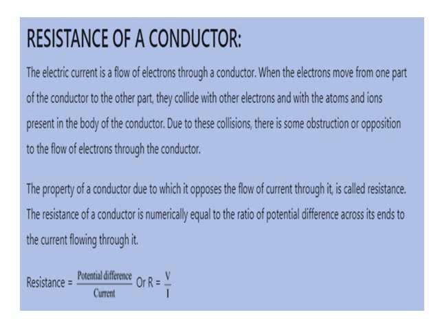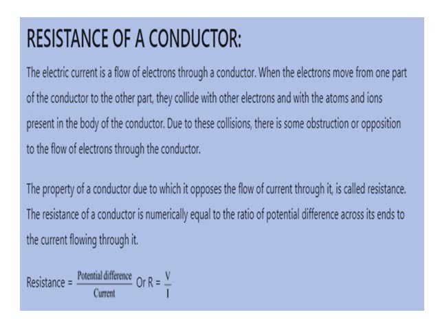Children, before going into the lessons, let us revise what we had done in the previous class, or let us revise the main concepts of what we had seen. First, let us take up resistance. Before resistance, let us see the definition of electric current. The electric current is a flow of electrons through a conductor.